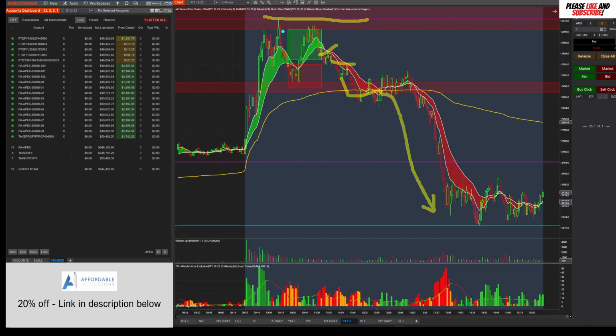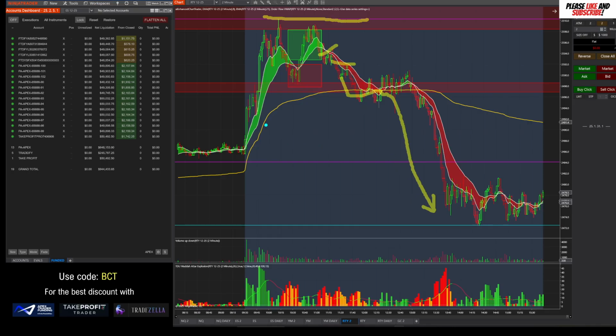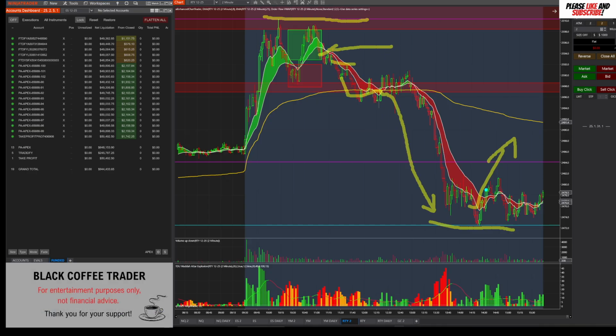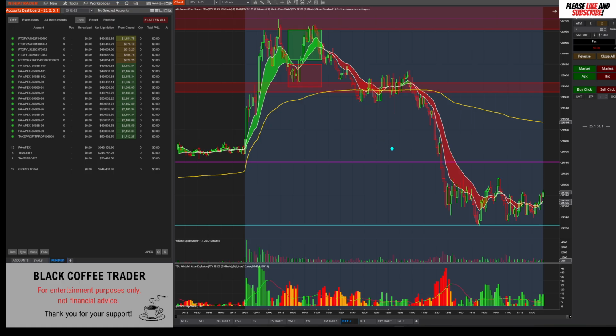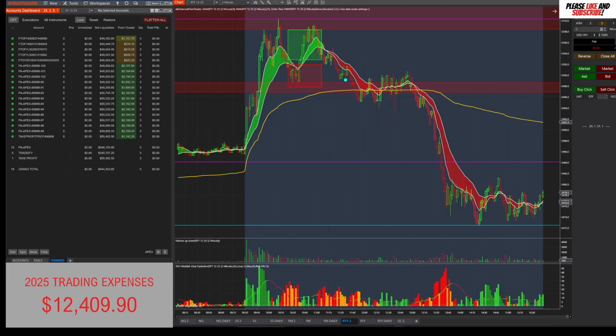If we get to a reversal area, and the reversal could be a flip of this, it could be the market's coming down to this area and I'm looking for a reversal back to the upside, I want to see that cross occurring. This cross occurring is big. I want to see that cross occurring and then take the entry. If I do that, the testing has shown it is a much higher probability trade, and oftentimes it ends up being a lot bigger trade.